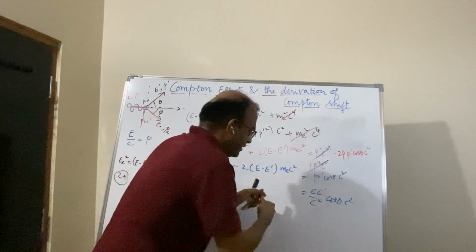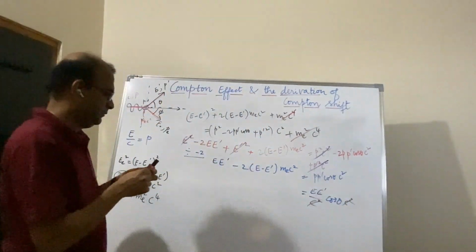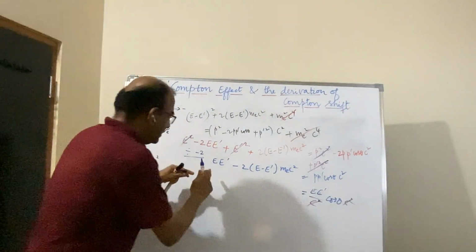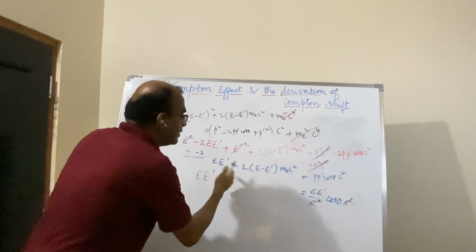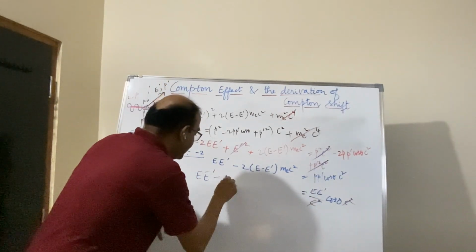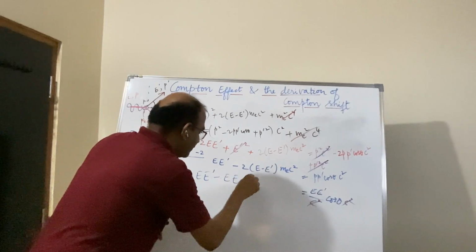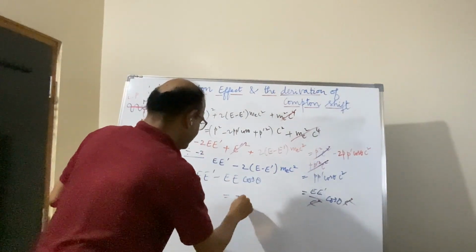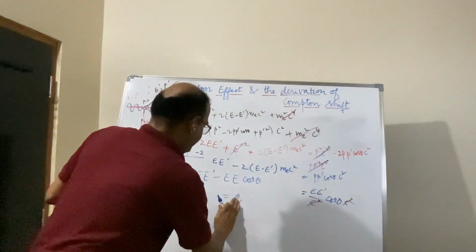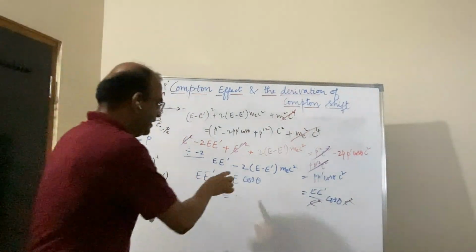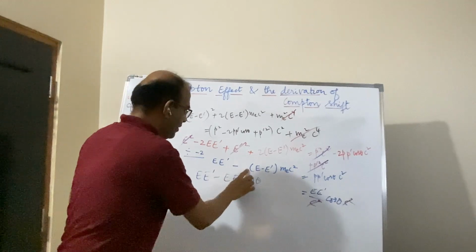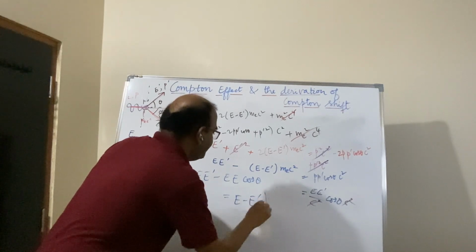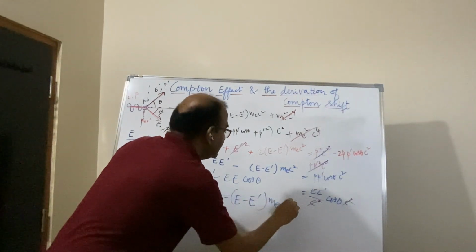This C squared and this C squared would cancel out. So what we would essentially have is E prime. We bring this from the right side to the left side, and then take this to the right side. Since we divided by minus 2, this term won't have any minus there. When we take it to the right side, we would have E minus E prime times MEC squared.